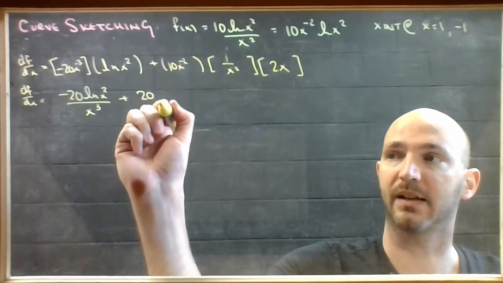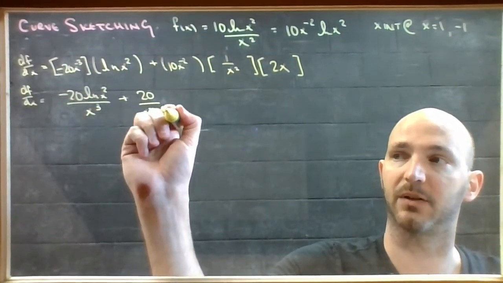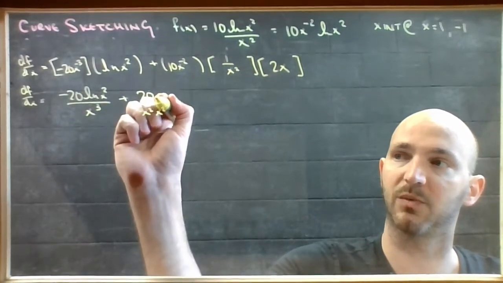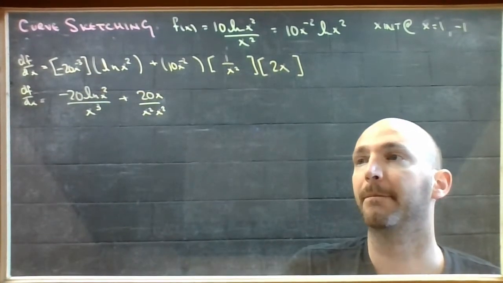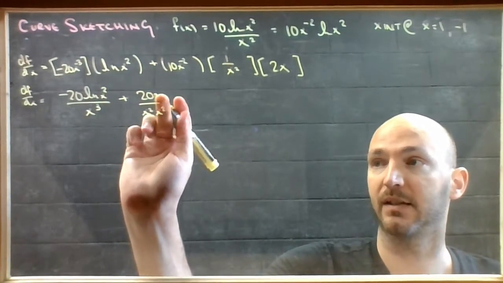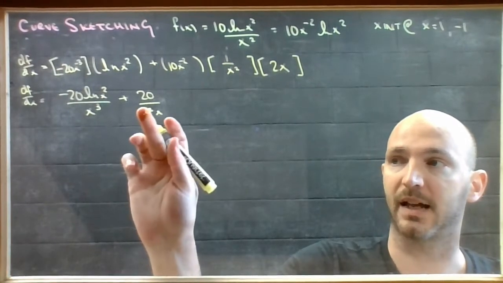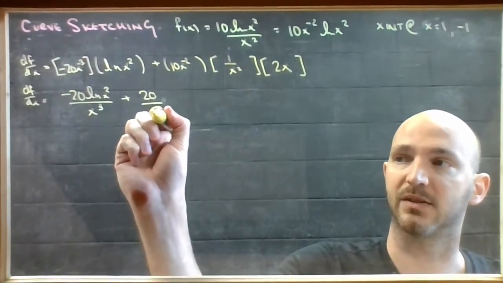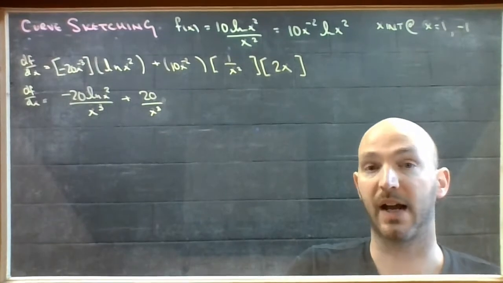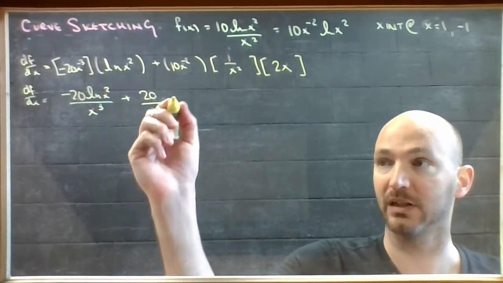I have an x squared in the denominator from this term, an x squared in the denominator from this term, and an x in the numerator from that term. Now this reduces a little. One of these x's eliminates 1 power of x from the bottom, and an x squared simplifies to an x cubed. So I've accidentally ended up with a common denominator, which is encouraging.